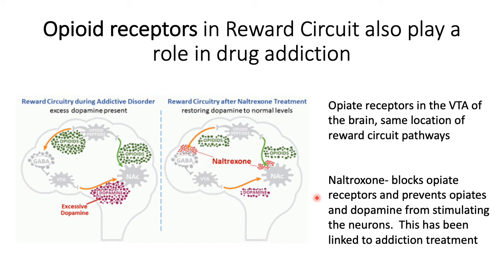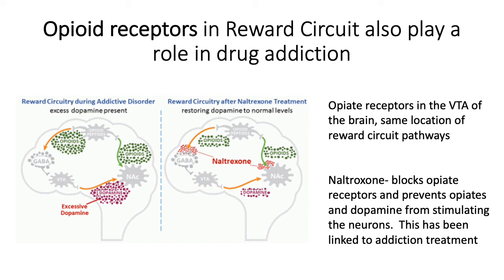For example, if an individual takes naltrexone, and this naltrexone blocks opiate receptors, then this prevents dopamine from being stimulated. And naltrexone is actually used as an addiction treatment, since people with addiction want more and more dopamine.